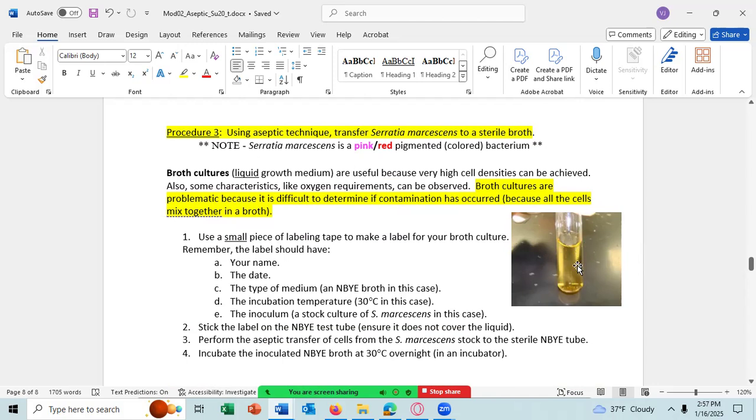So you cannot see colonies, like a colony that's not pink. All the cells will look together. And if there's major contamination, you might be able to notice it. But if there's minor contamination, the media will look pink from the Serratia marcescens, and you will not see the color of the minor contaminant because the cells are too small in number to change the color. We'll just word it that way.